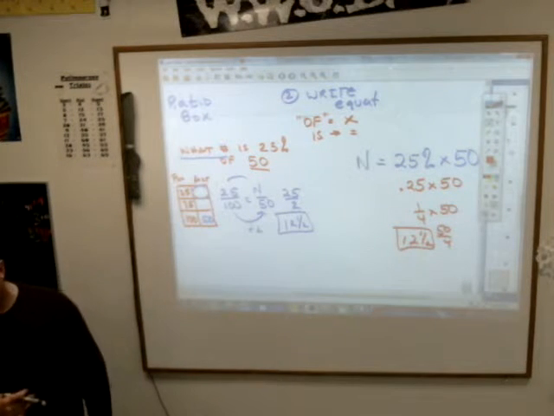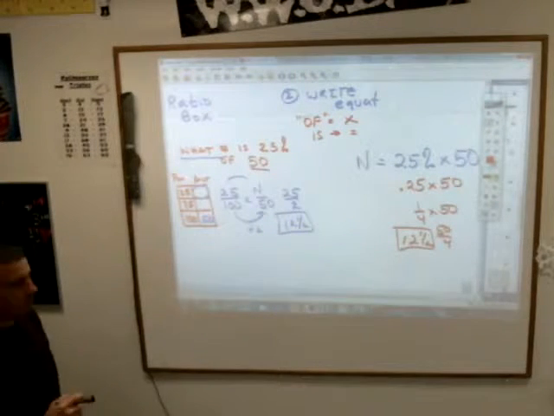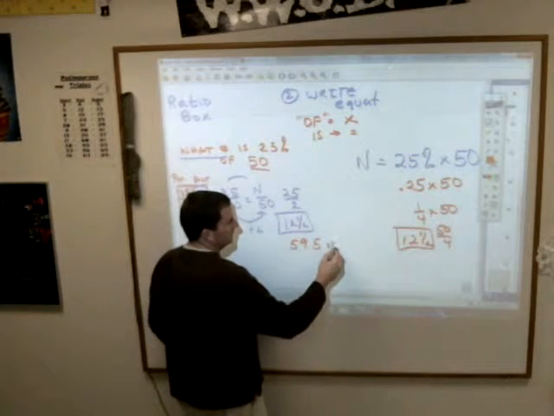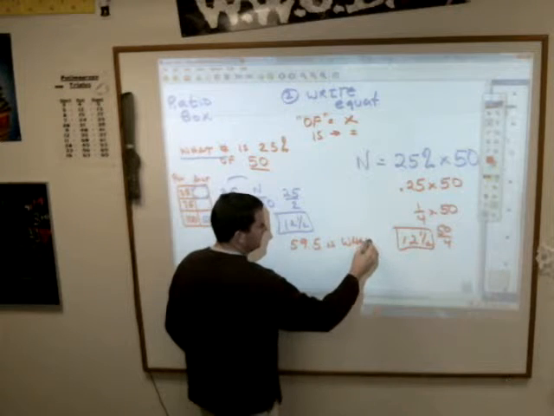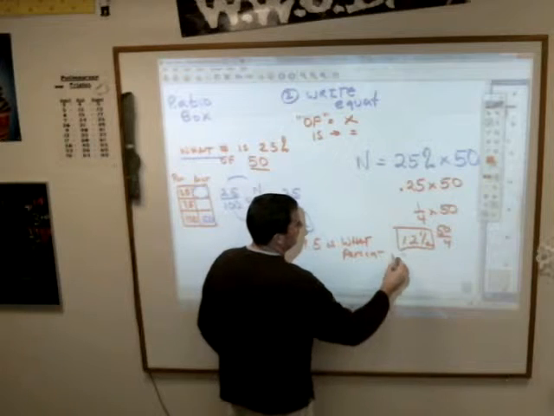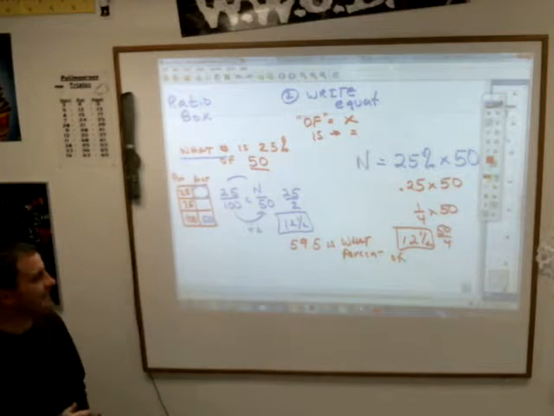Sorry. So let's look at another one here. I want to give you one that's not quite like that. Like this problem here. 59.5 is what percent of 17?